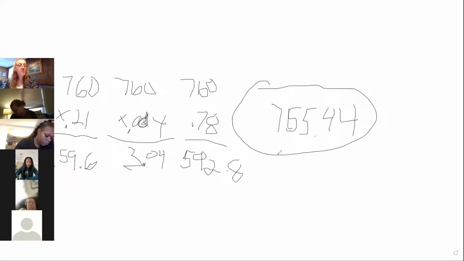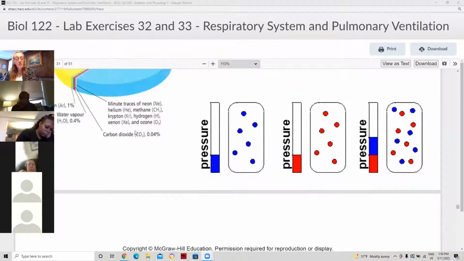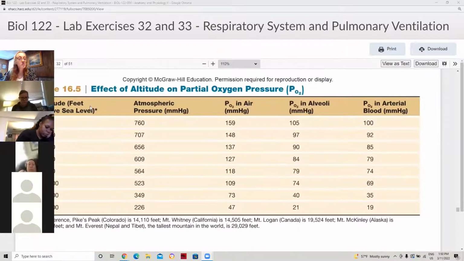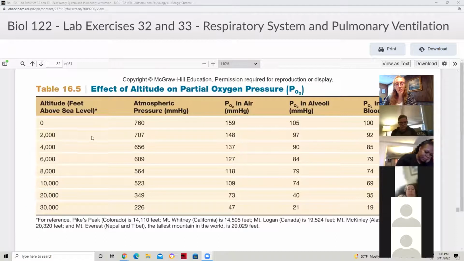Now, what happens if we're not at sea level? Let's say that now, rather than being at 760, we're 2,000 feet above sea level.